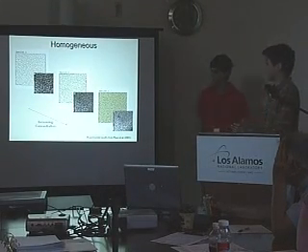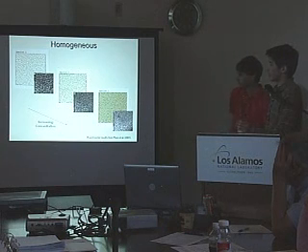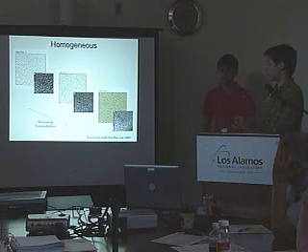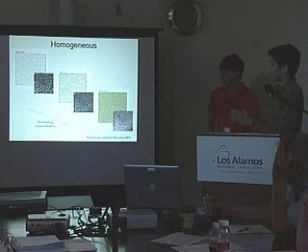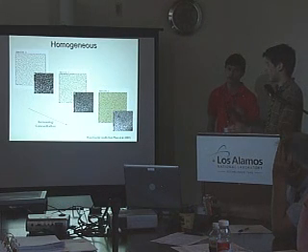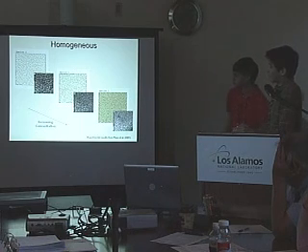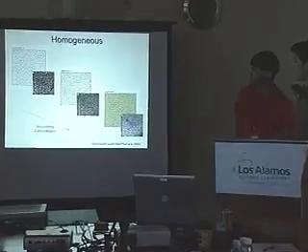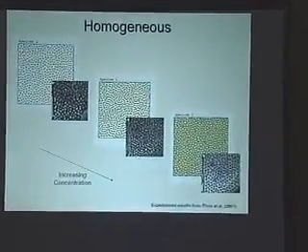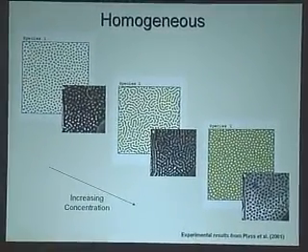What has been observed is that as concentration increases, the patterns start from quantum dots and gradually go to serpentine stripes, and then finally they reach quantum pits, which is the opposite of quantum dots. And the black images are more experimental results done by the same person, and they look really similar.